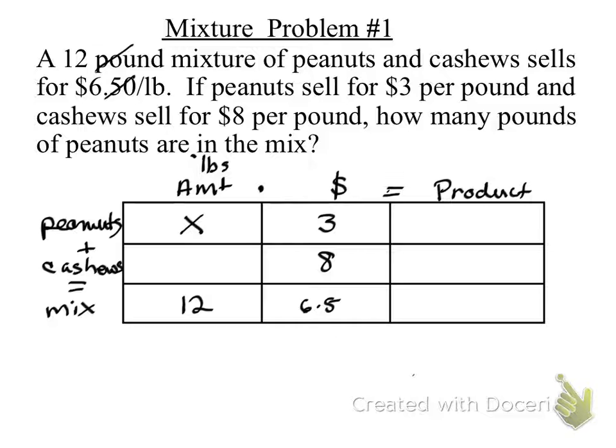12 minus x. The total minus x, just like if I'm writing 3 plus a number equals 5. I know that that's a 2, but I could also call that 5 minus the addend.